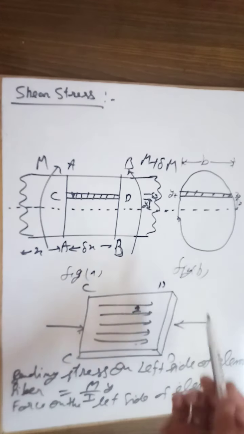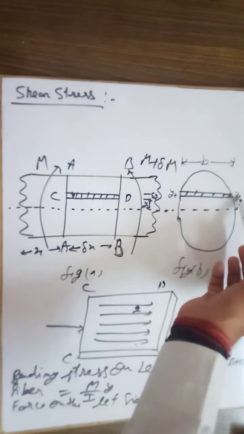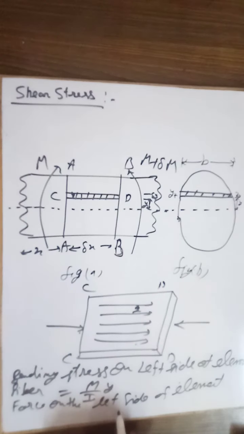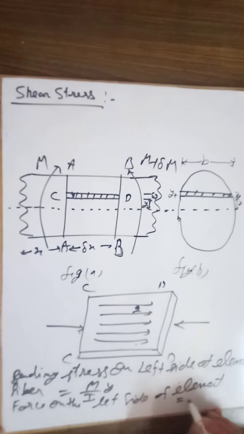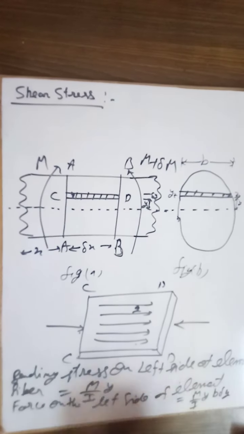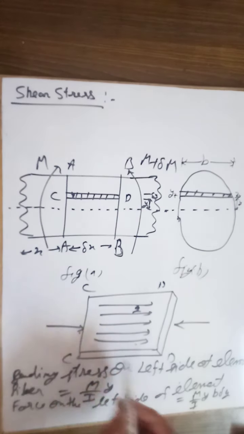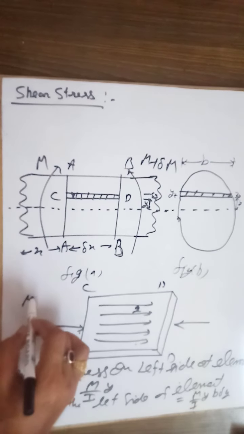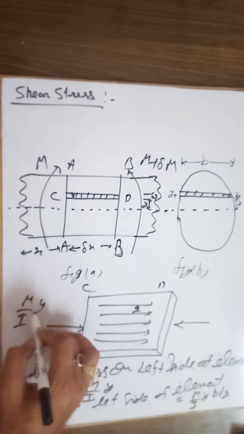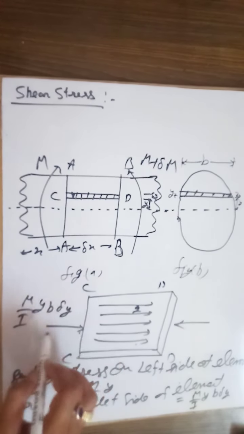Okay, so that is B into del Y. So we can say it is equal to M upon I Y B del Y. Okay, so this is the force which is applied on the left side of this fiber CD.